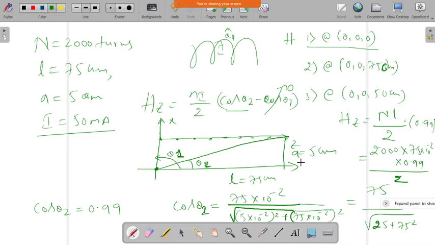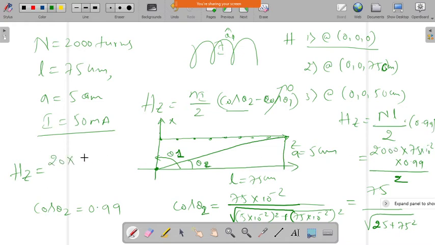Calculate what Hz is. Let us take this: 10 power minus 2 and the two zeros will get cancelled.